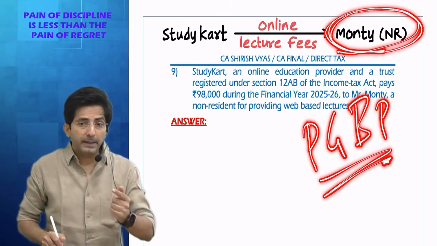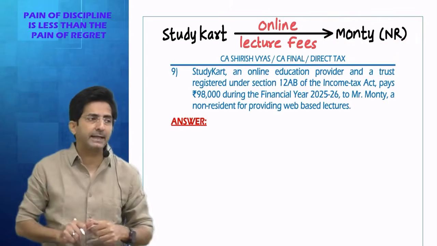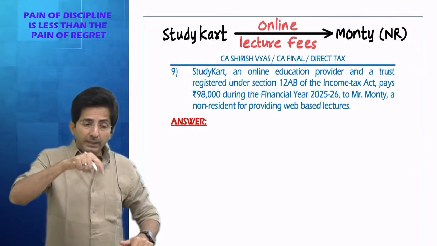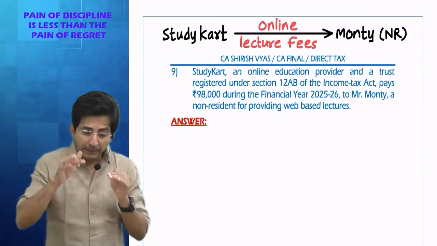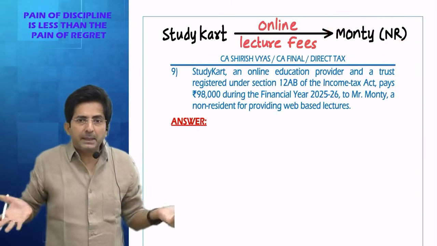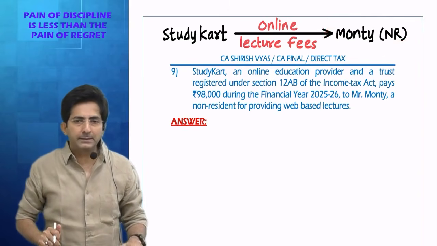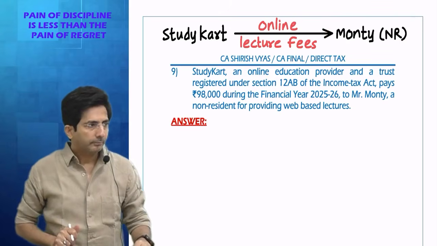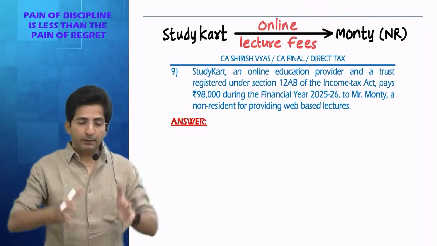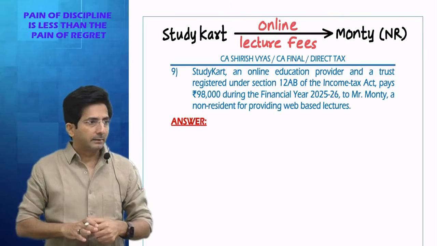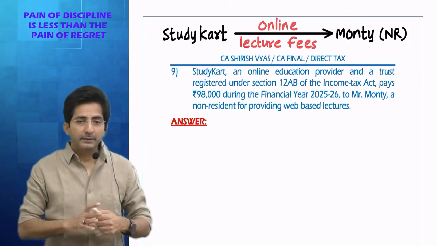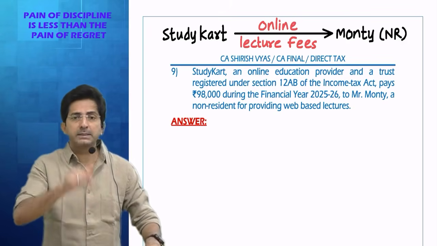And for a businessman, income is said to arise in India only if he has a place of business in India. And Monty doesn't have any place in India. In fact, he is giving lectures through Zoom. If he is visiting India at a physical place which is owned by him or rented by him, then we can say he has a place of business in India.